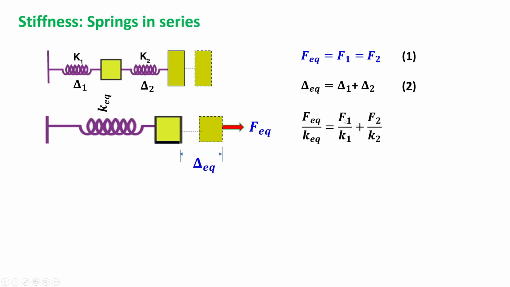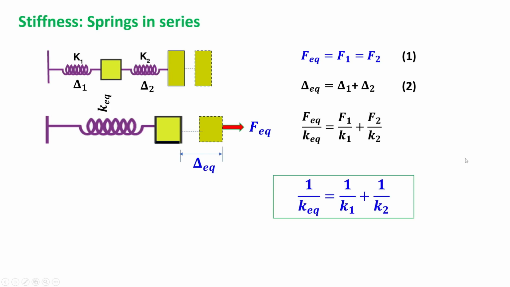So they cancel at the numerator, and we are left with the expression 1 by K equivalent equal to 1 by K1 plus 1 by K2. Here we have taken two springs in series. There will be cases with more springs, and then we can have a generalized expression: 1 by K equivalent equal to the summation of 1 by Ki for any i-th stiffness.